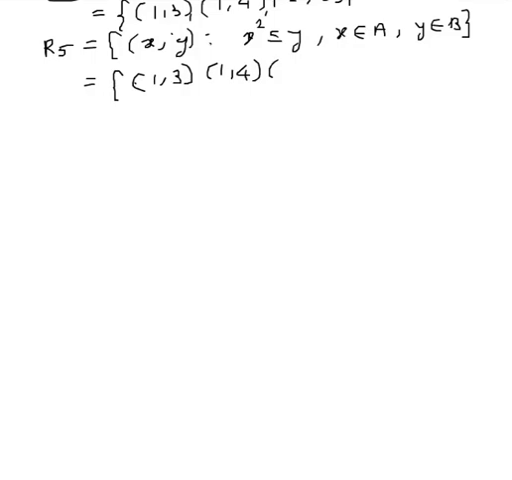Then (2, 3) doesn't satisfy this condition because 2 square is 4, which is greater than 3. Then (2, 4) satisfies because 2 square 4 is equal to 4. This relation has 3 elements.